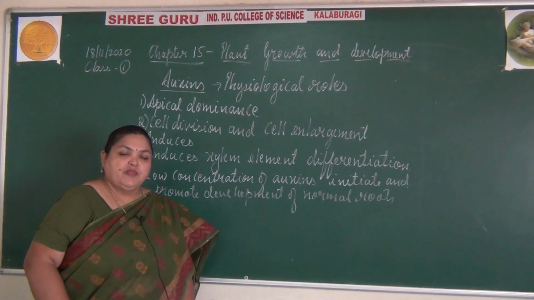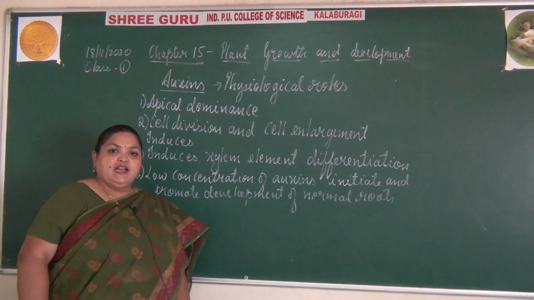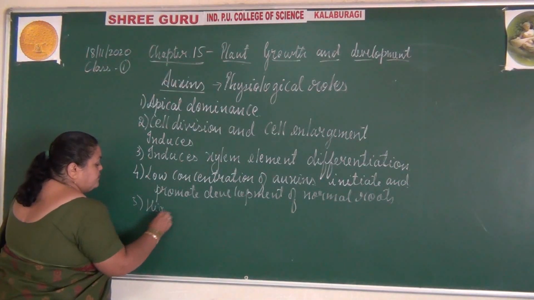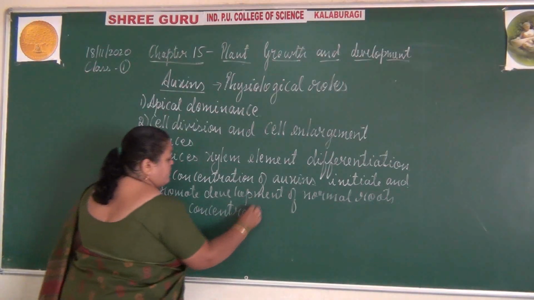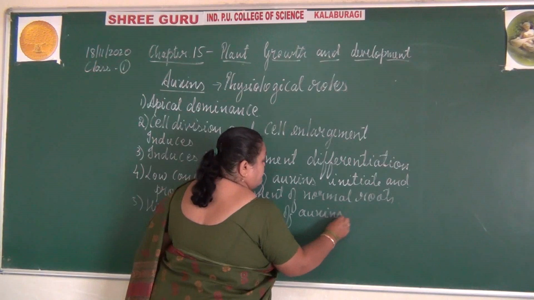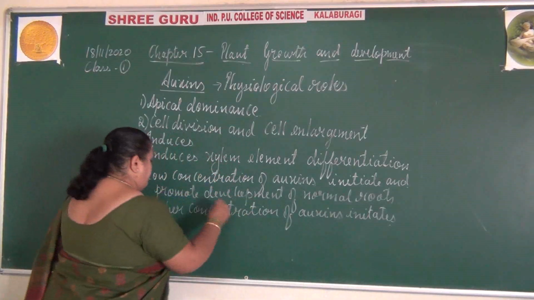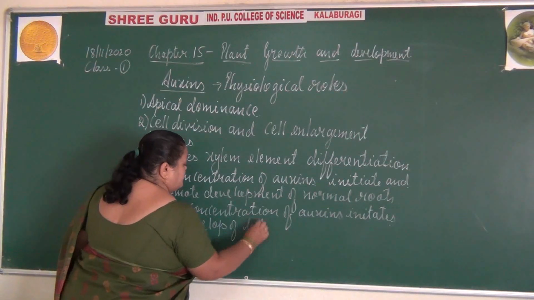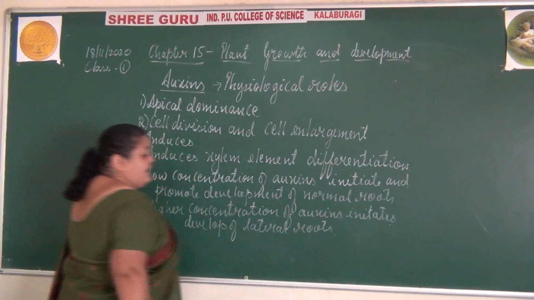So a low concentration of auxins will initiate and promote the development of normal roots, while a higher concentration of auxins initiates the development of lateral roots.